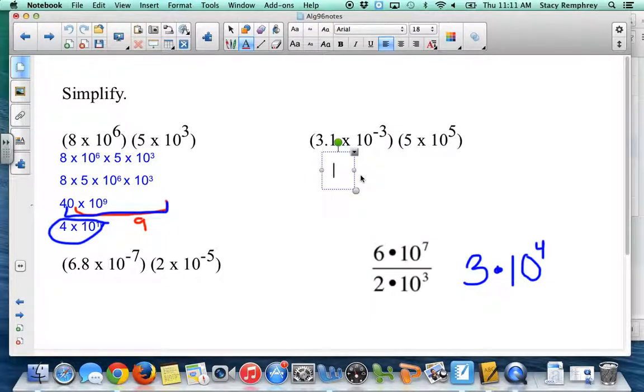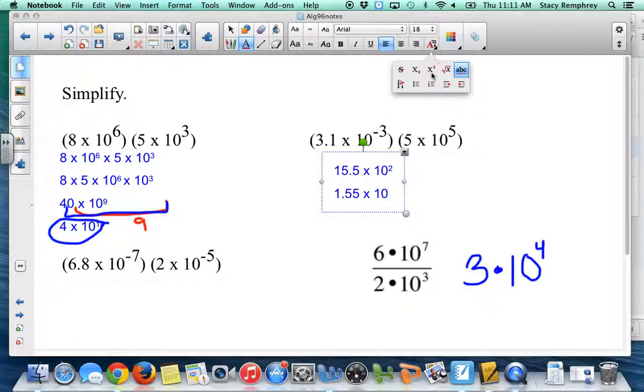Okay, for this one, when you multiply the numbers, you'll get 15.5 times 10. Negative 3 plus 5 is 2, so that gives you 10 squared. Not in scientific notation because 15 is greater than 10, so that doesn't work. So I'm 1.55 times 10, and that's going to be to the 3rd power.